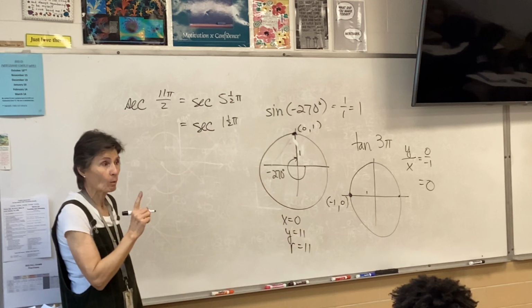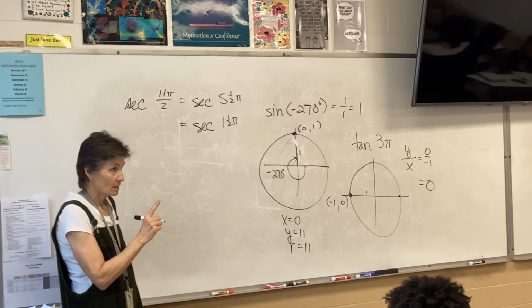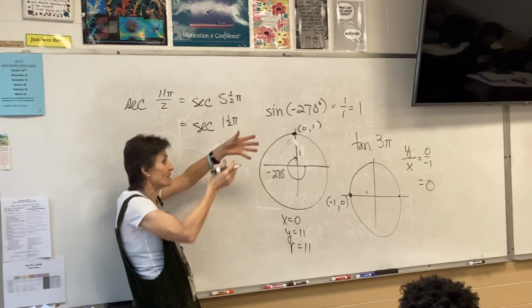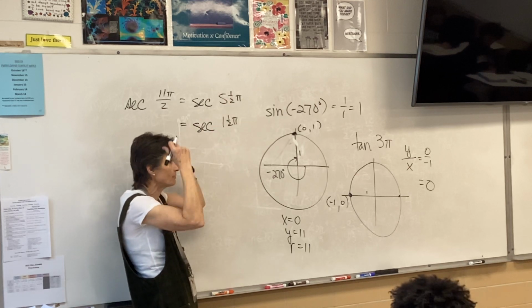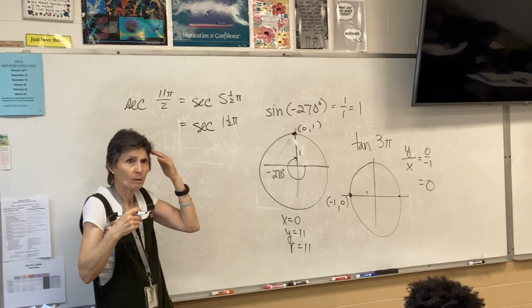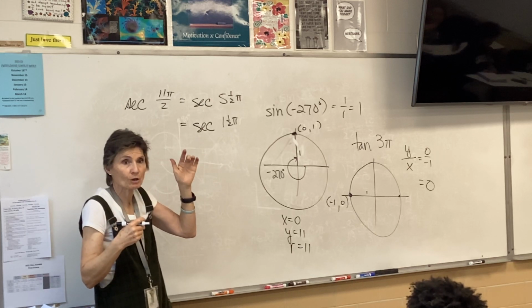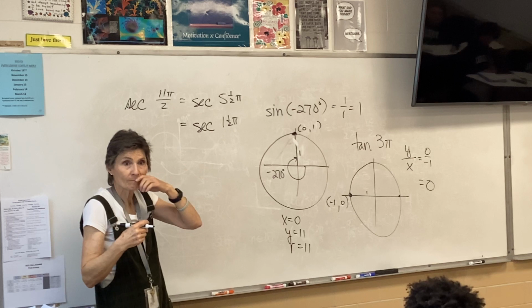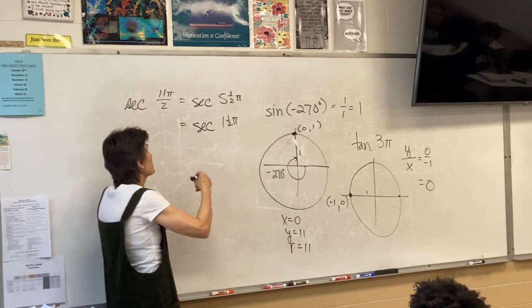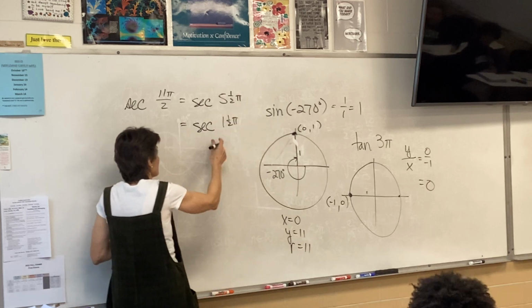I'm trying to figure out where to draw this angle. Since that's so big, I don't want to just keep spinning, so I'm getting rid of all this extra stuff. So in radians, I get rid of 2 pi's. Oh wait, what am I doing? Finding a coterminal angle, subtracting revolutions. So I get rid of a couple revolutions.